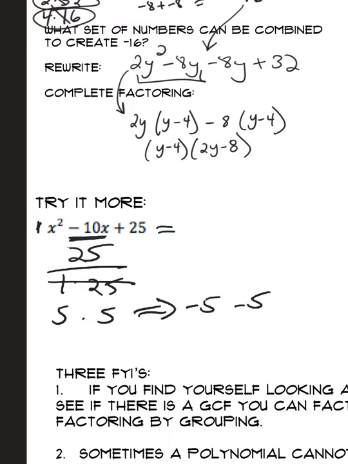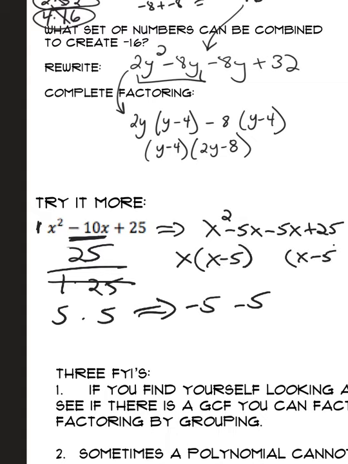So now I can rewrite this as x squared minus 5x minus 5x plus 25. I can factor out an x. I know this needs to say x minus 5. So if I put a -5 out here, that will make it work. X minus 5, x minus 5. There's my factored version.